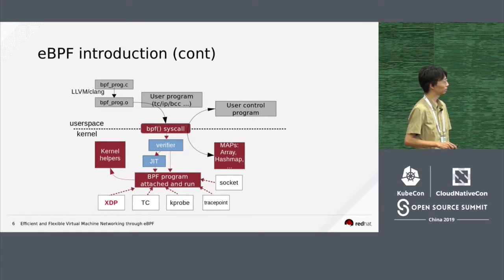We also have one limitation. We use maps, which are predefined data structures, and also the user control program will load the user program and inject it into different points, different hooks. For example, into sockets, cgroup, kprobe, tracepoint, etc. The most important are TC and XDP.